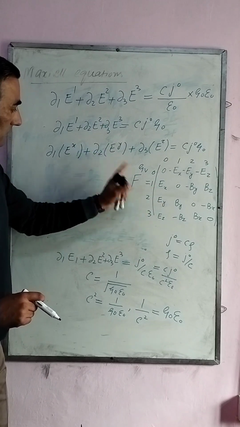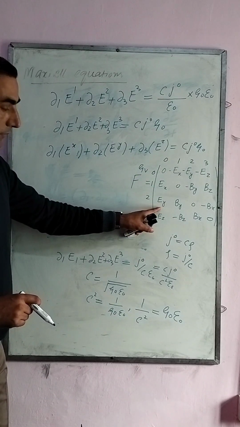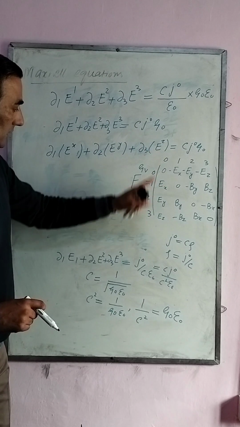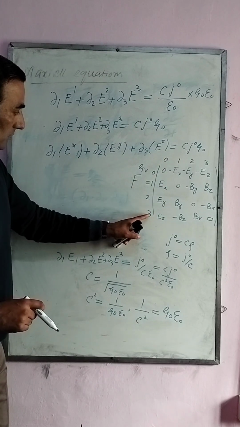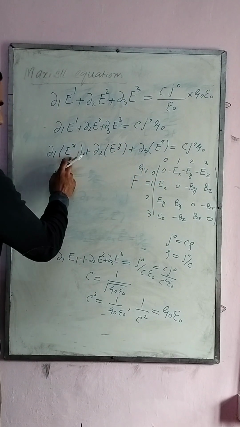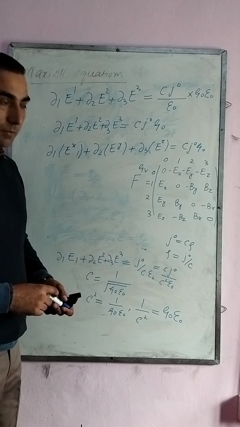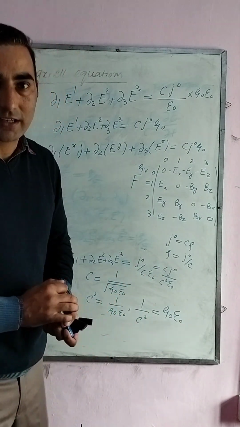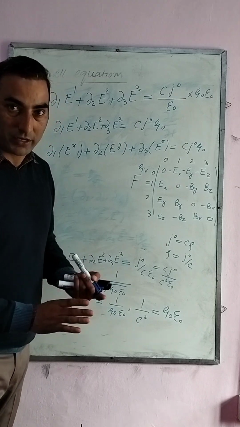And similarly, Ey is this component, so Ey is our 2 0, right? And this Ez is that 3 0, right? So instead of this electric field, I need to write this in terms of that electromagnetic field tensor, right? This is what we have done today.